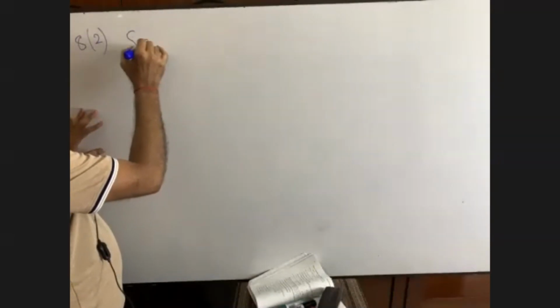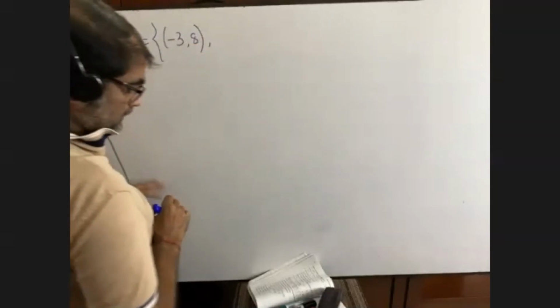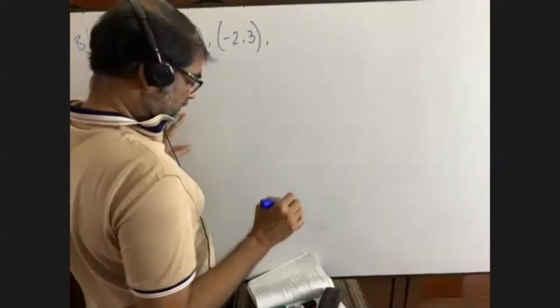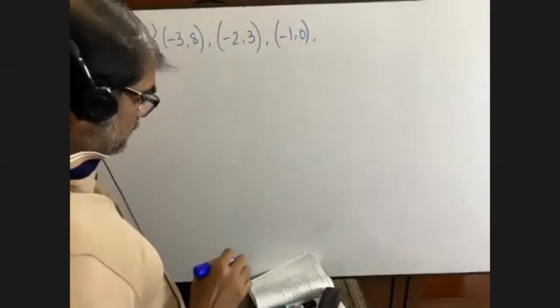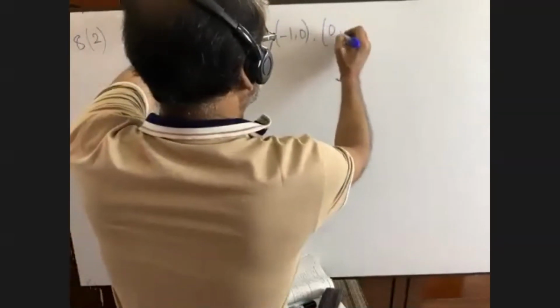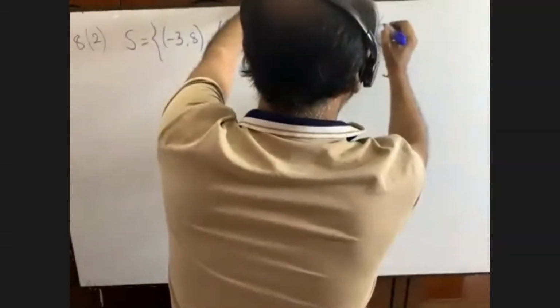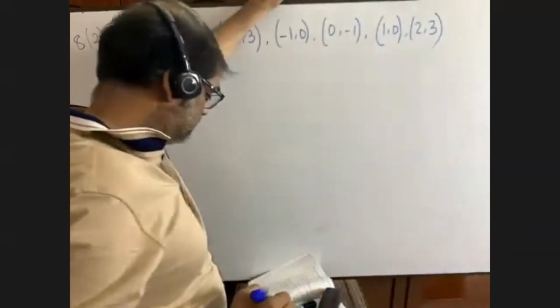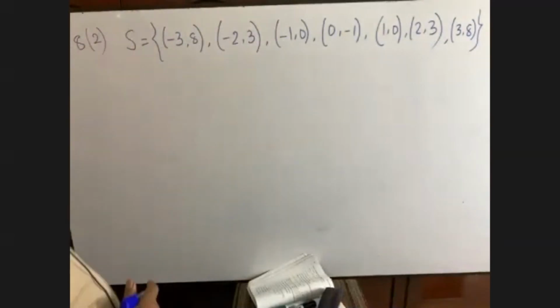S equal to (-3, 8), (-2, 3), (-1, 0), (0, -1), (1, 0), (2, 3), (3, 8). Find out the domain.